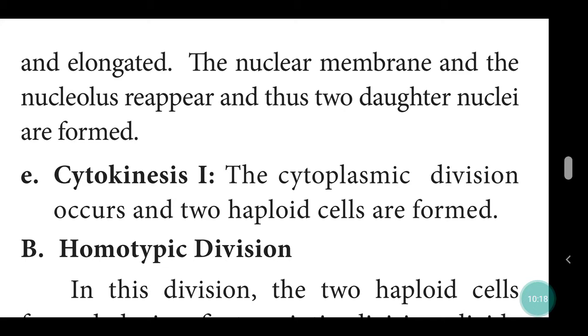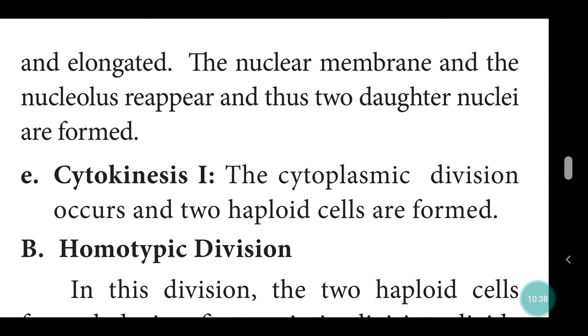The nuclear membrane. What is the nuclear membrane? Inside the cell there is a nucleus, and that nucleus is surrounded by a membrane. That membrane is the nuclear membrane. At the same time, the cell is surrounded by a membrane. That membrane is called the plasma membrane. It is otherwise called the cell membrane.